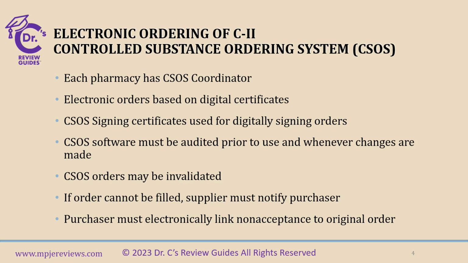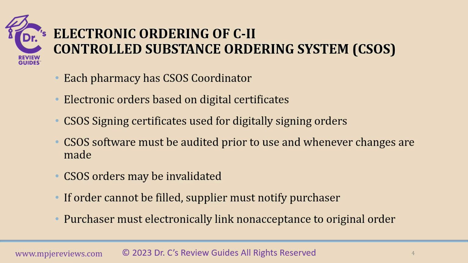The security with the CSOS system relies on digital certificates that are used to digitally sign orders. Remember, however, they're not going to issue you a digital signing certificate to sign these forms unless you have a power of attorney if you're not the actual registrant. So that power of attorney rule still applies even when we're doing electronic Schedule II controlled substance orders.